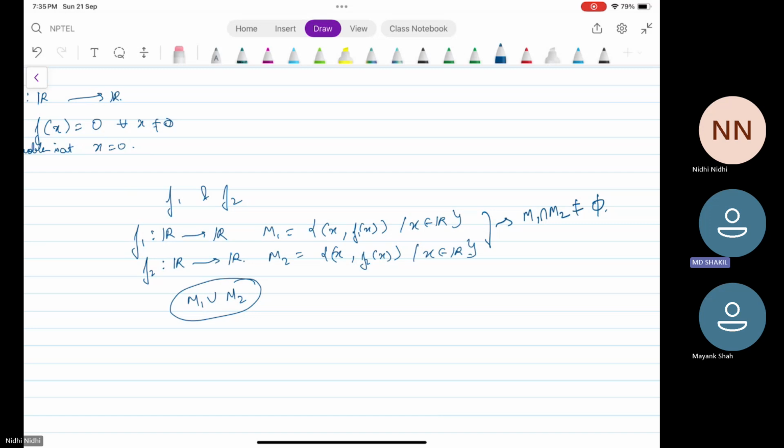The above example is a specific case of this, I think. In the above example, what will we take f2? Suppose you define f1(x) equal to 0 for all x. Because you can't define it at 0 now. At 0, I want all the values of y.